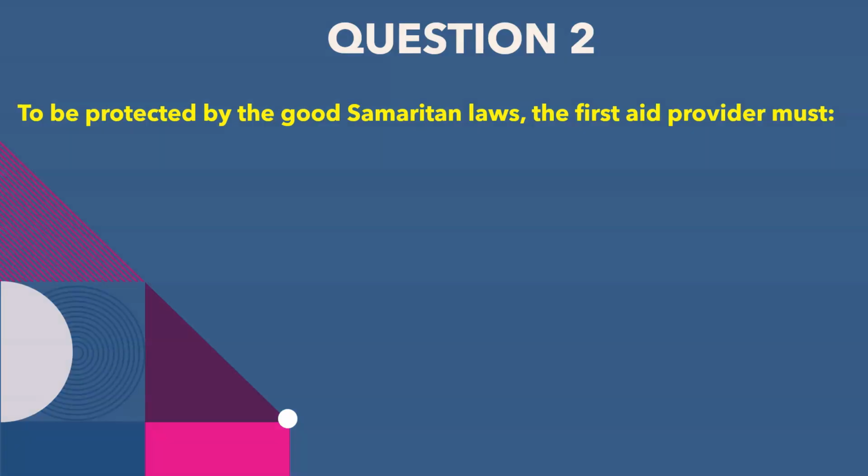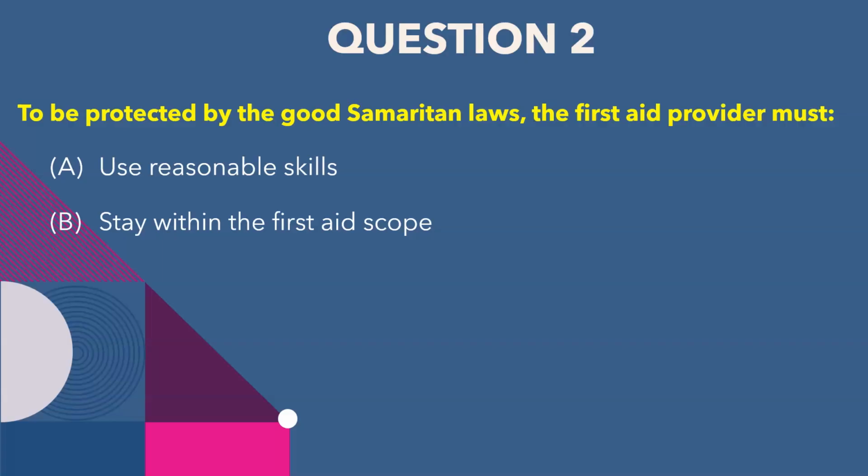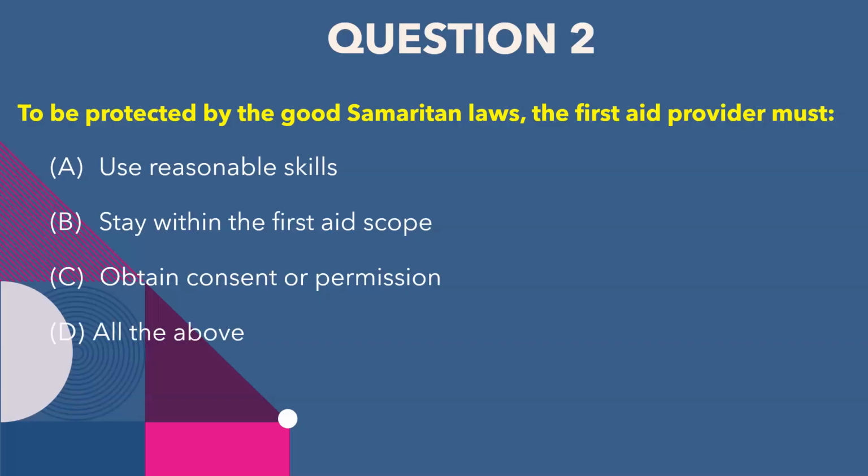To be protected by the Good Samaritan laws, the first aid provider must: A. Use reasonable skills. B. Stay within the first aid scope. C. Obtain consent or permission. D. All the above.